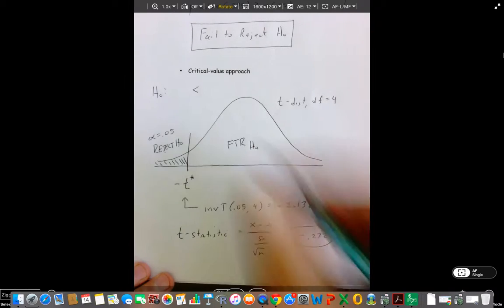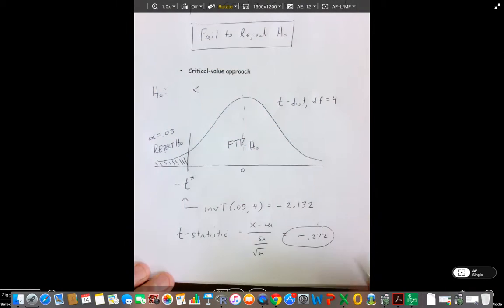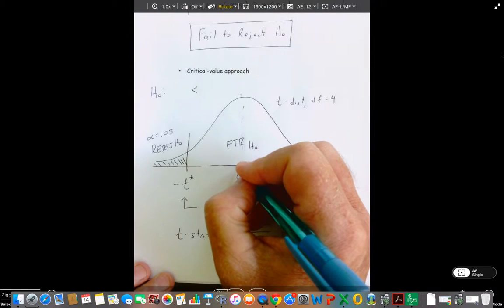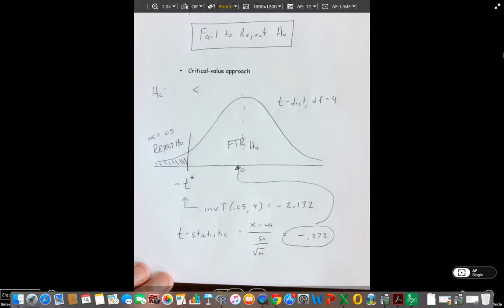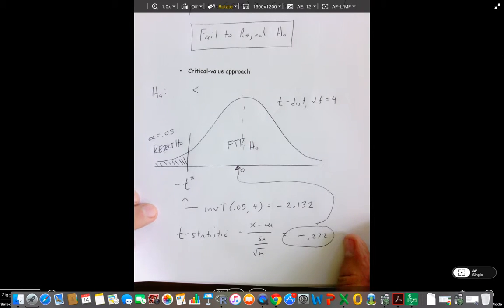So this value, again, remember zero's in the middle, so it's still going to be about right there, which says we still fail to reject. Doesn't change any. Won't always be the case. Sometimes you get into one-tailed tests versus two-tailed tests and you get different situations.